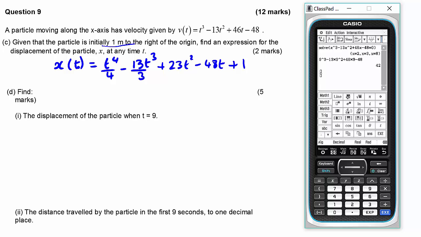So we're going to have 9 to the power 4 divided by 4, take away 13 times 9 to the power 3 all over 3, add 23 multiplied by 9 squared, take away 48 times 9, add 1, gives us negative 86.75.